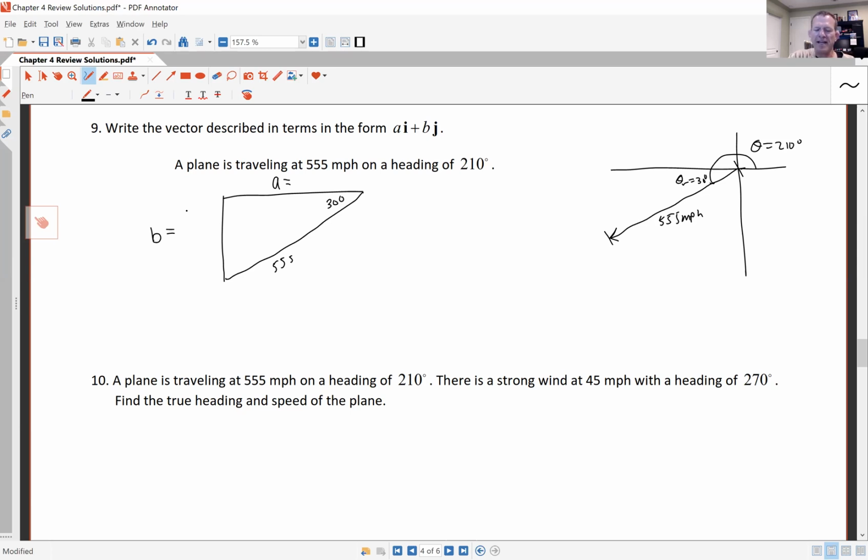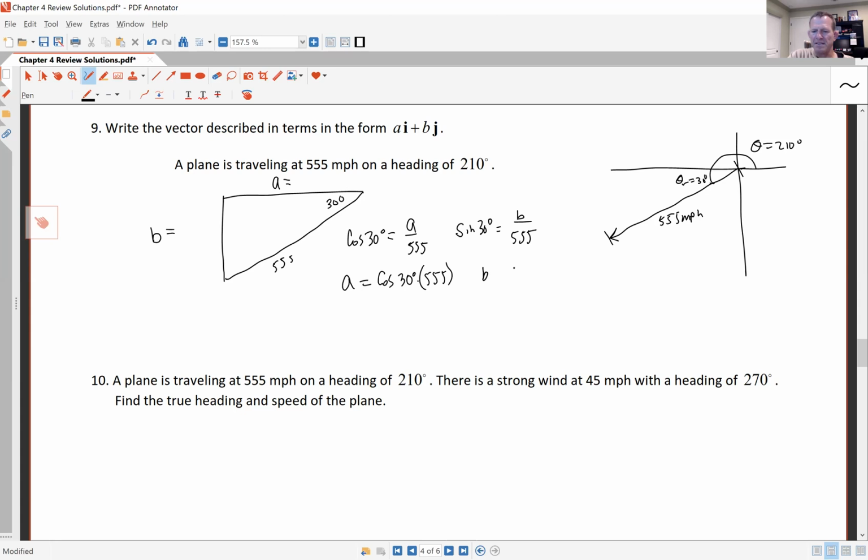Okay, so to find A, the cosine of 30 is A over 555. The sine of 30 is B over 555. Or A is equal to cosine 30 times 555.